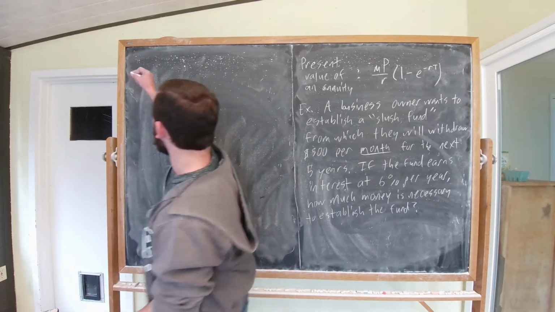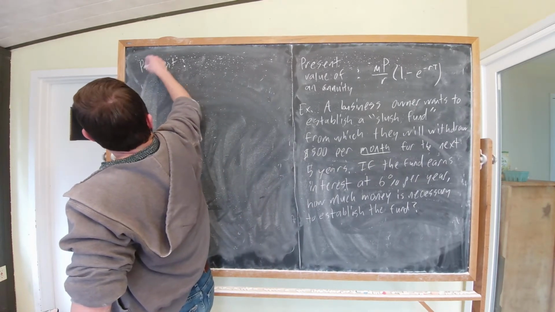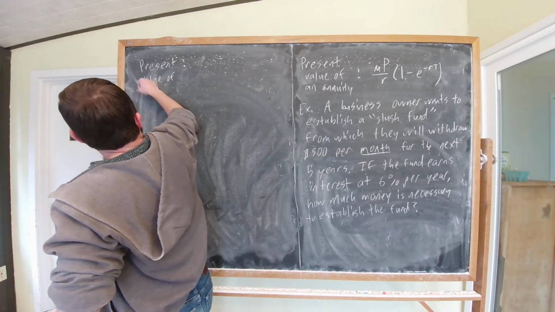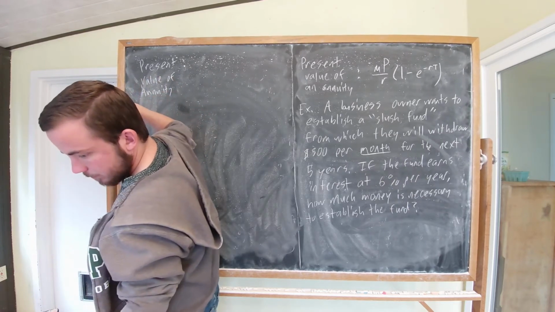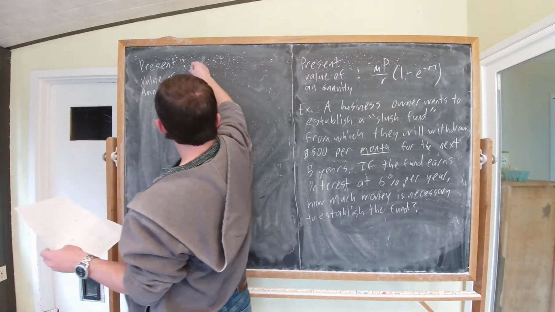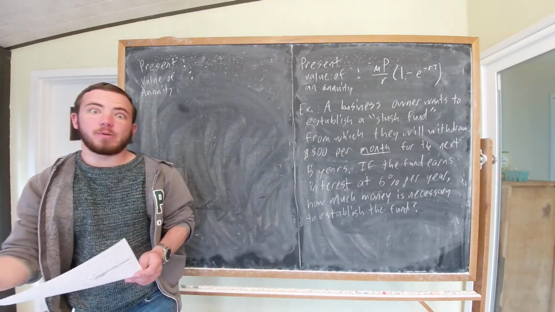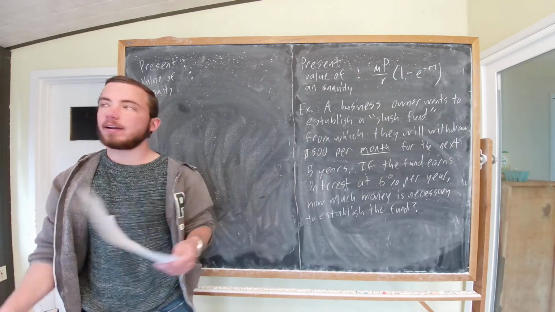But if we use our present value of an annuity formula, essentially saying, hey, you have this annuity already set up and you're taking away from it.